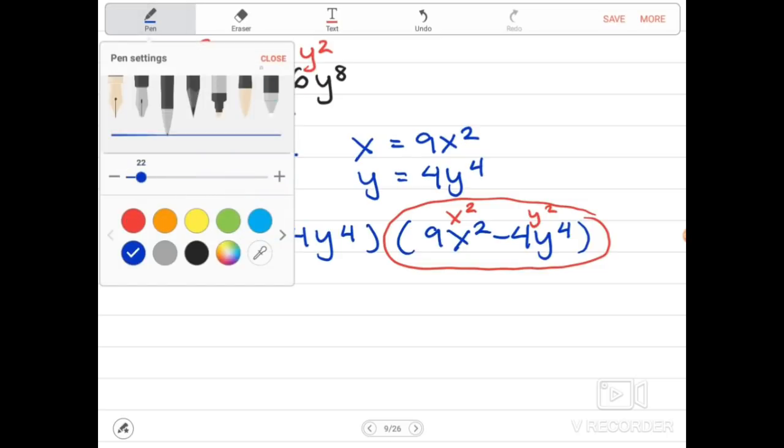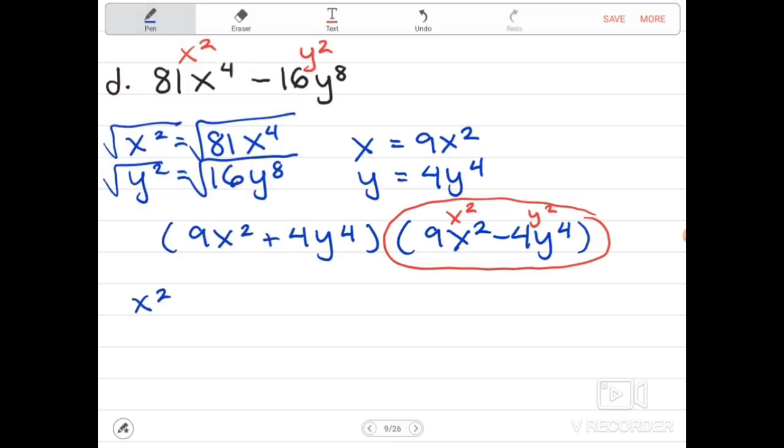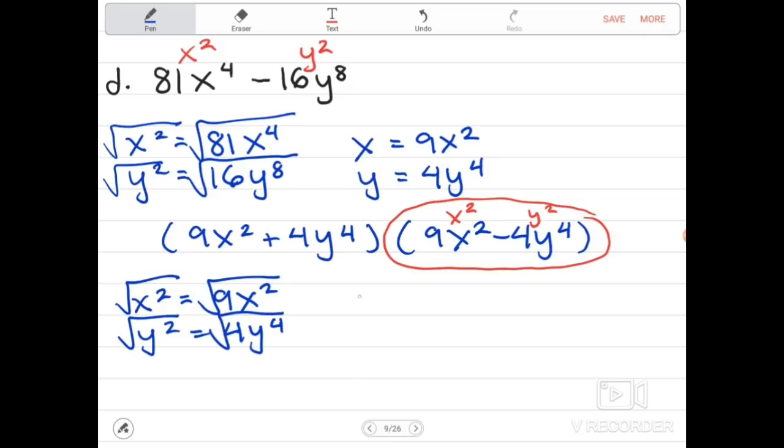So x squared is equal to 9x squared. y squared is equal to 4y raised to 4. Get the square root. So x is equal to 3x. y is equal to 2y squared.